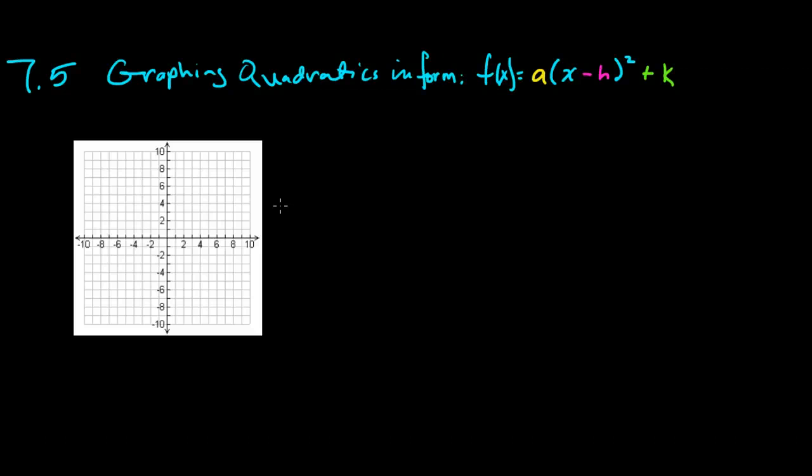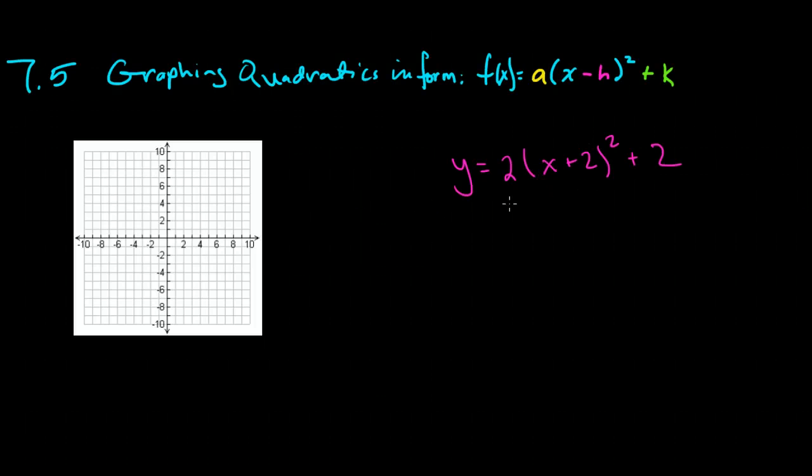Let's try one with a different scalar. Y is equal to 2 times the quantity x plus 2 squared plus 2. Look at all the 2's we've got here. Okay.